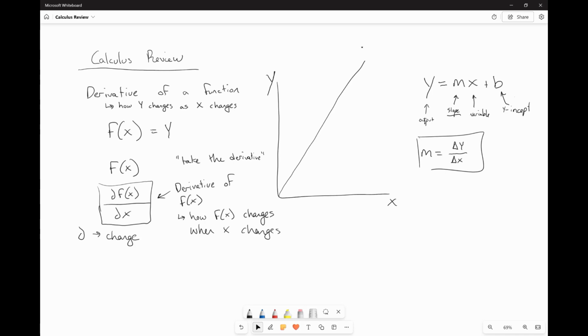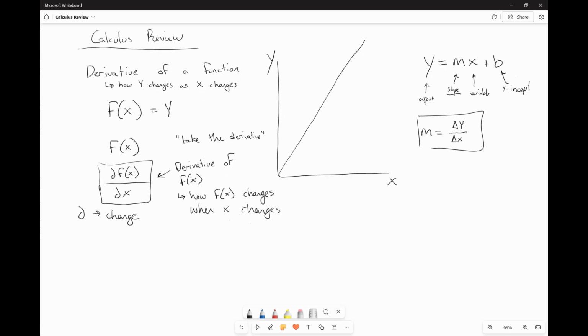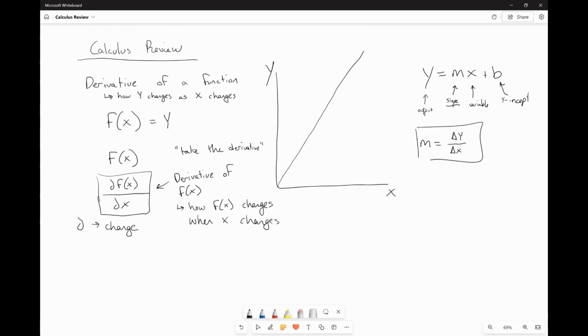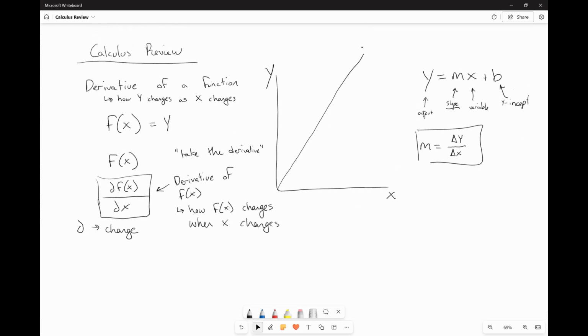Okay, so here's the idea. When we take a derivative, we are understanding how something changes when something else changes. This is going to be very important. What I'm going to do is talk about some rules for taking derivatives of functions, and I'll show you those rules.